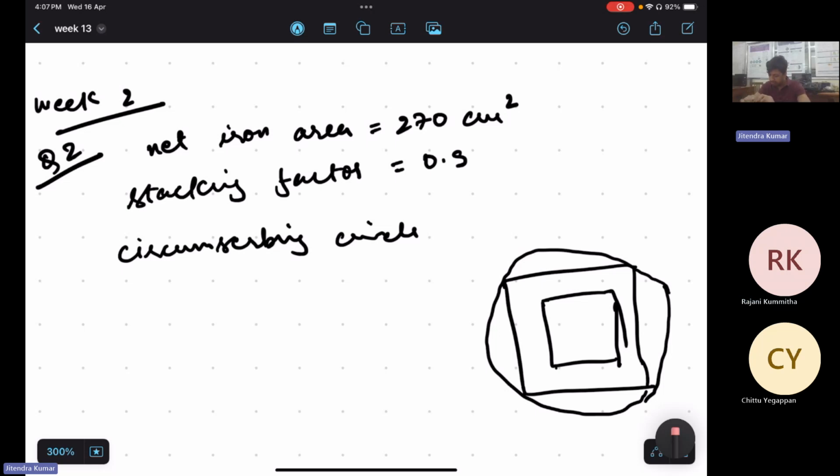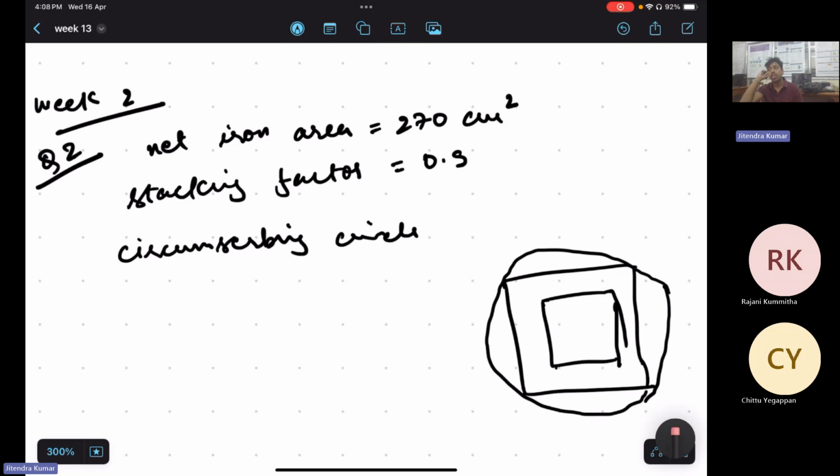So this net iron core area is given, 270 centimeters square. So can we somehow find out the length, window length or something? The area is given, so first we have to utilize our stacking factor so that we could get the total area.